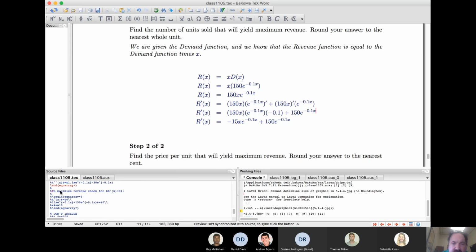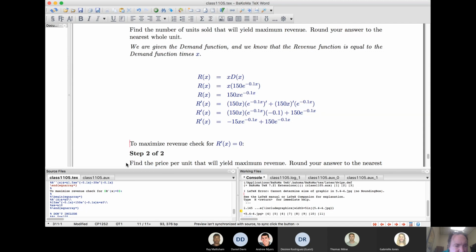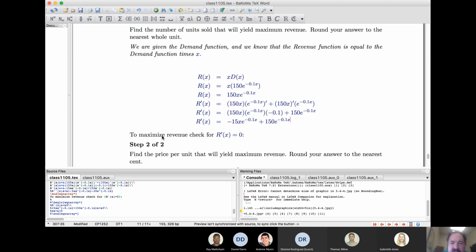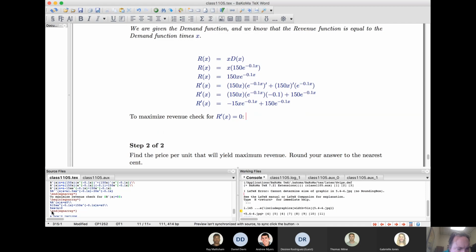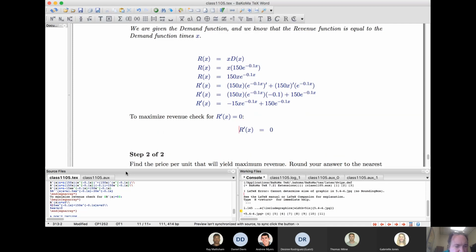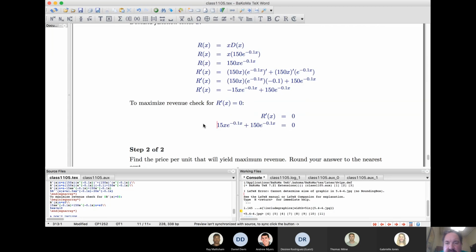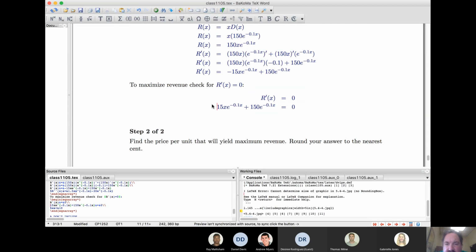So now we're looking for a maximum. So we set that equal to 0. Oh, missing a minus here.